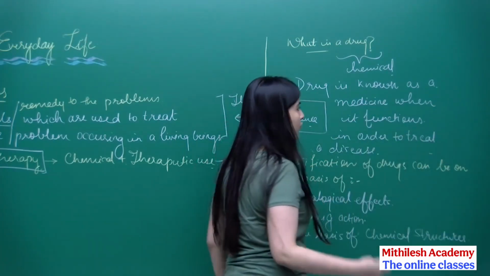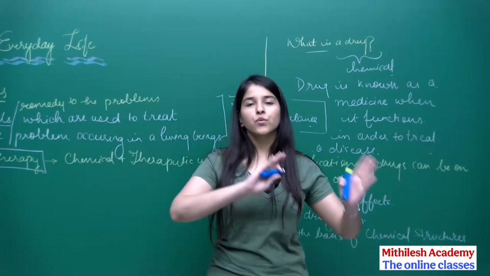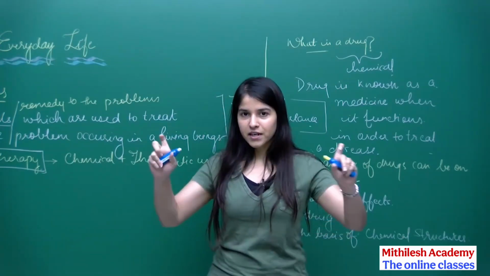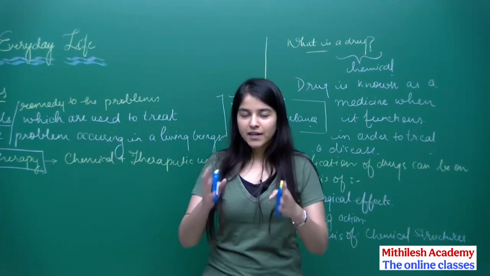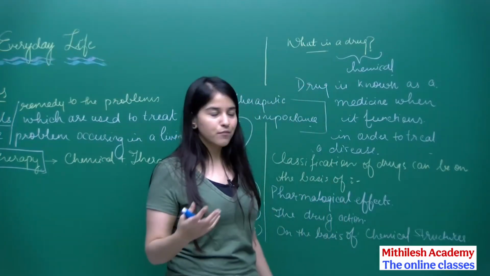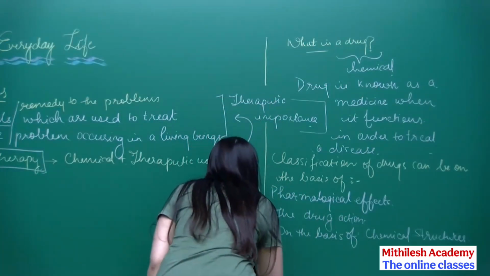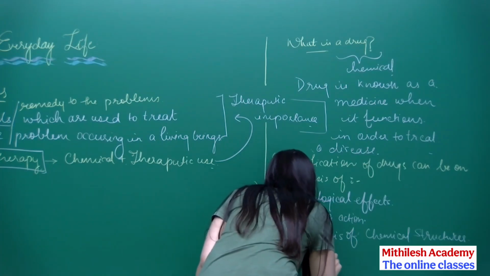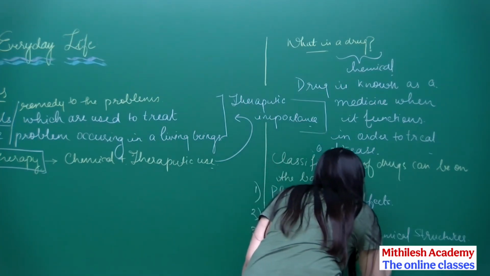And lastly, on the basis of the molecular targets, the targets on which the drug actually acts. So there are certain kinds of targets for each and every particular drug. So just try to think of some examples in each of these cases, then I will be discussing it. So number 4 I am writing, on the basis of molecular targets.